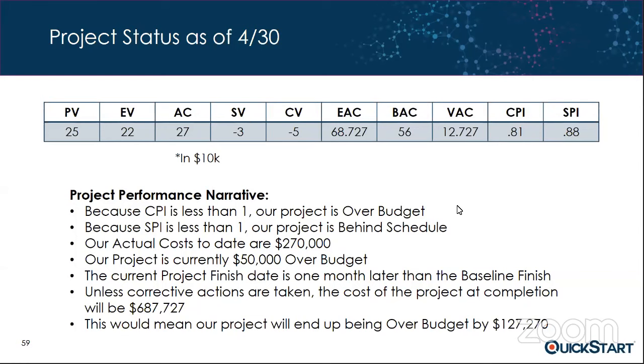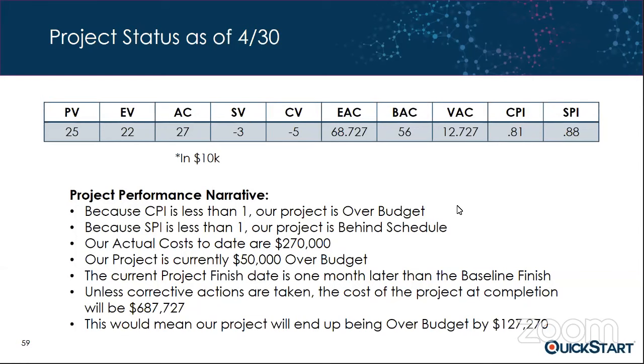And unless we take some corrective action to get us back on track, the cost of the project at completion will be $687,727. This would mean that our project will end up being over budget by $127,270, and we can perform all of these calculations right now, and we're only halfway through this project.